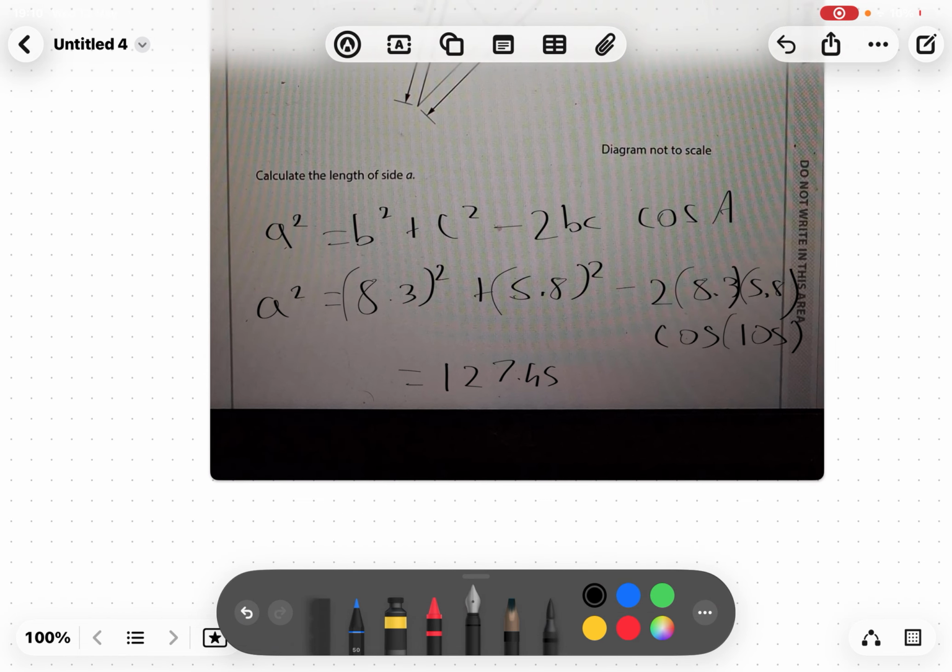But that's not all of it because the a is squared, so we have to square root this, and after we square root it, we get that a is 11.29.